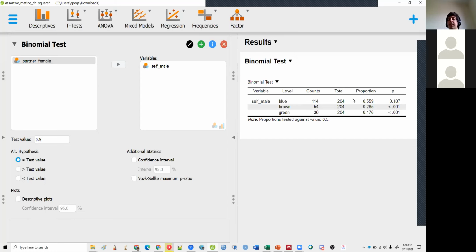If you assume that 50% of the subjects are going to have blue eye color, it is not very surprising that about 114 out of 204 subjects have blue as the eye color. Because it's not very surprising, the p-value is not significant, and nowhere close to being significant. But if you expect 50% brown, you end up with a very, very unexpected finding, and that's why you have a p-value that is less than 0.001.